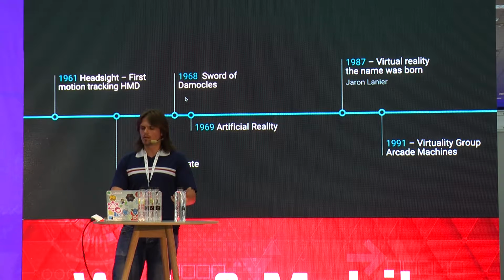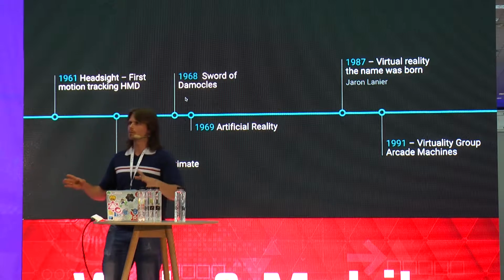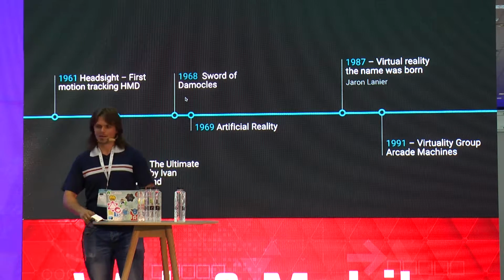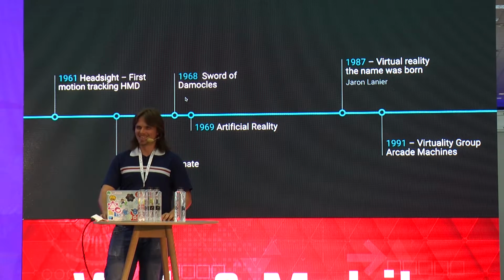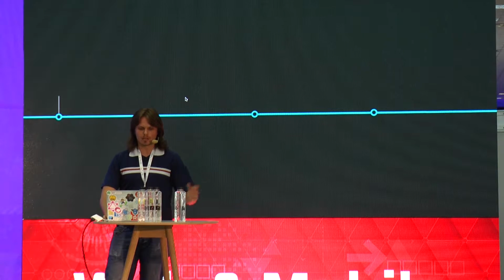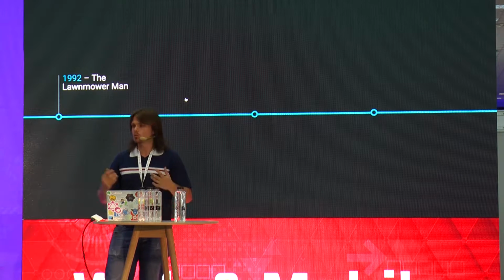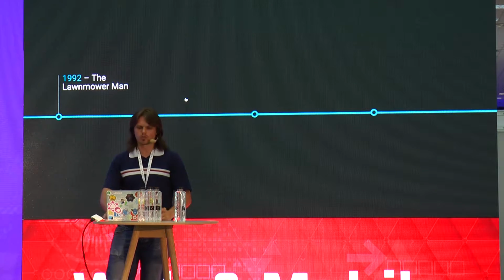In 1991, there were virtual reality arcade machines. Who has used them in the 90s? So I see some people have, right? Okay, so in the 90s we had the movie The Lawnmower Man, which was based on the principle of virtual reality, and the whole plot was around virtual reality.